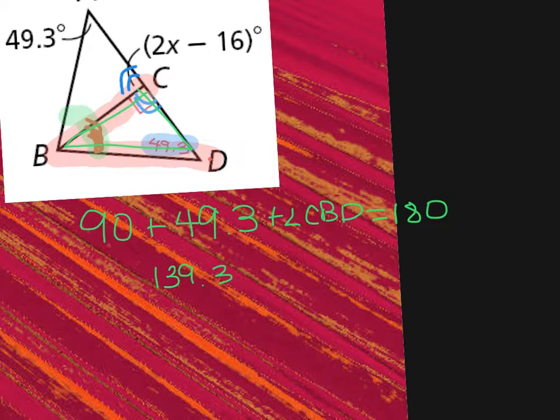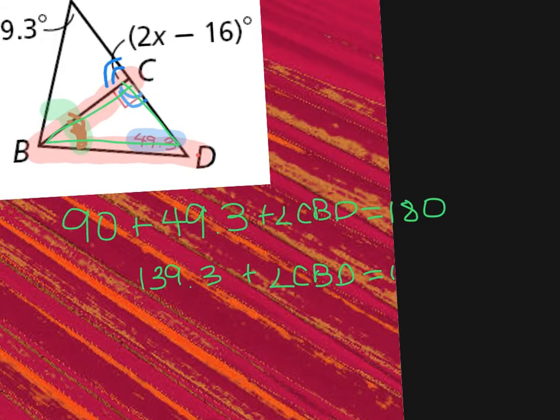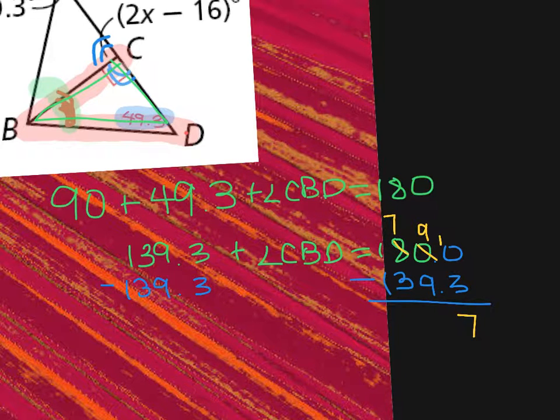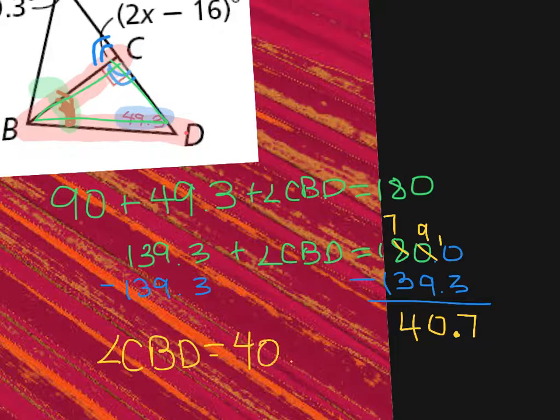I'd get 139.3 plus the angle equals 180, and then just subtract 139.3 from 180. This would be 40.7. So I'd get angle CBD equals 40.7.